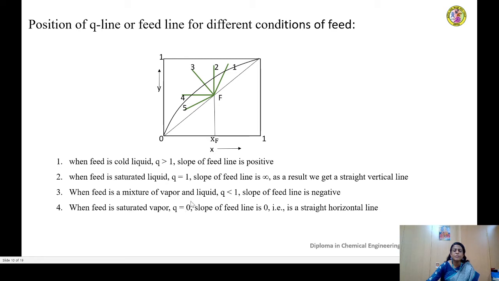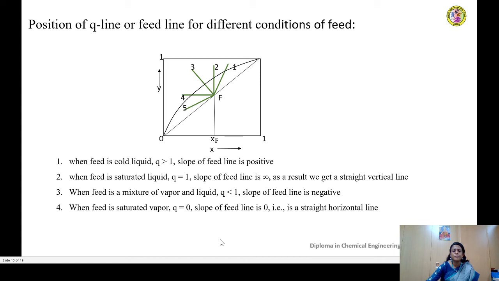So in that case Q value will be equal to 0, and as a result the slope of the feed line, Q by Q minus 1, will be equal to 0. Okay, so 0 divided by anything is 0. So the feed line slope becomes 0. That means the feed line assumes the position of a horizontal line that is parallel to the x-axis as shown by the line number 4.